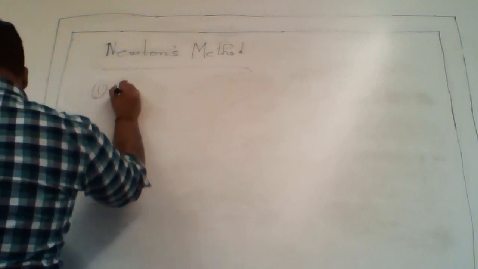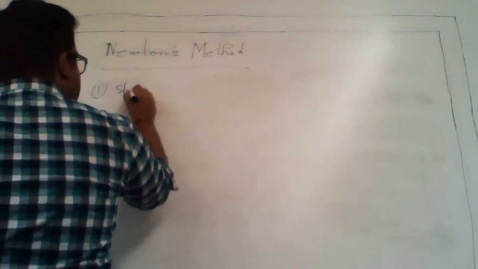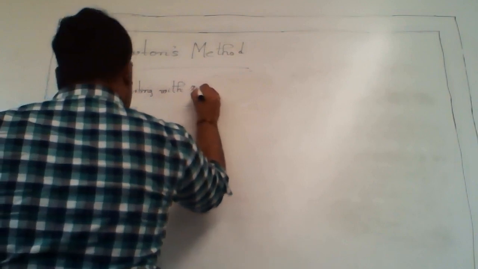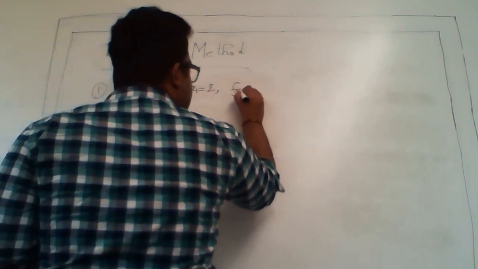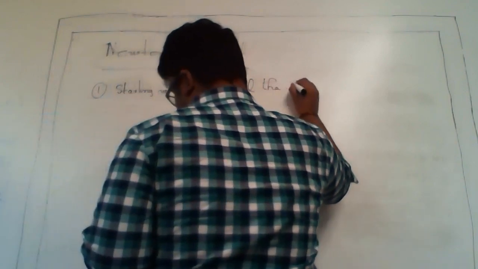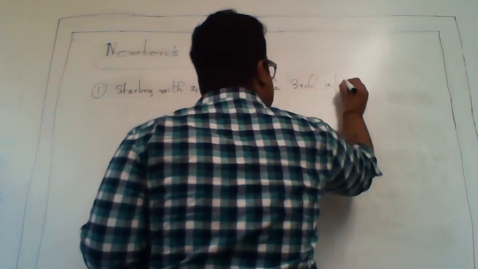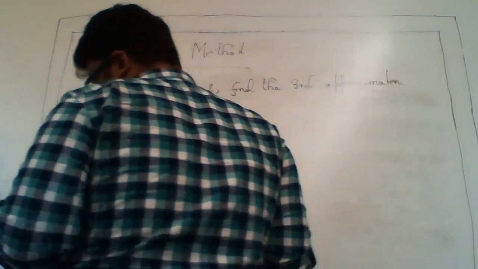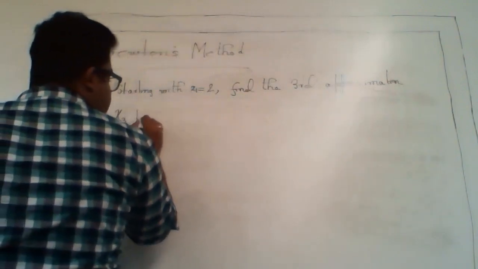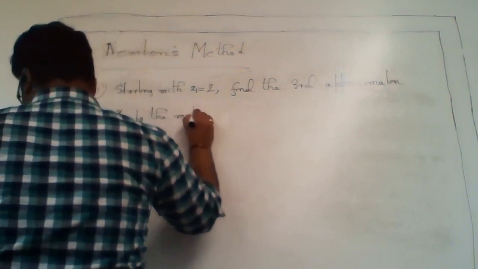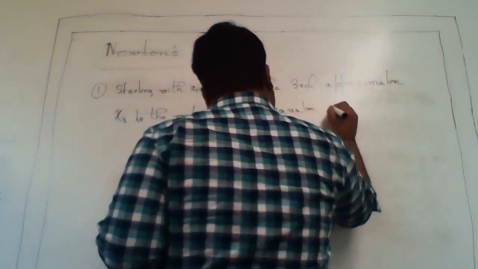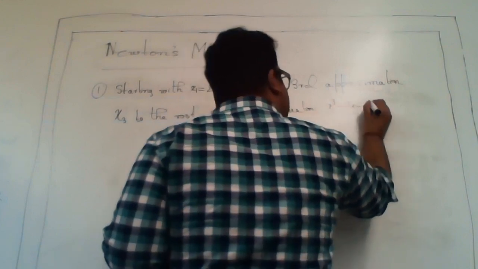Okay, so the first problem is this: starting with x1 equal to 2, find the third approximation x3 to the root of the equation x cubed minus 2x minus 5 equals to 0.